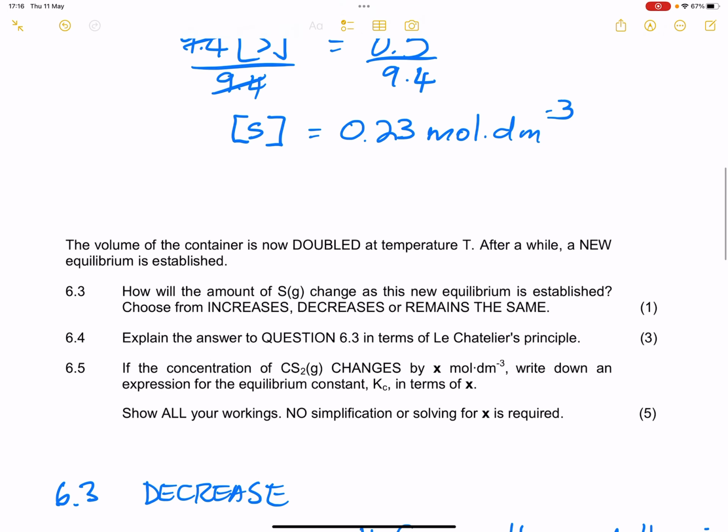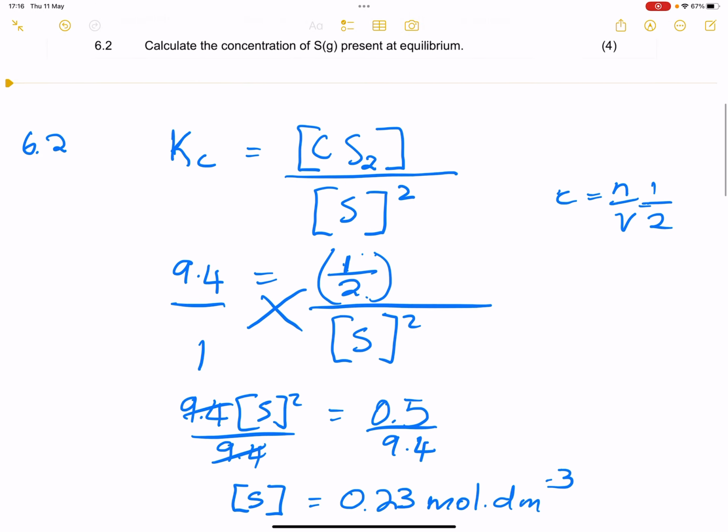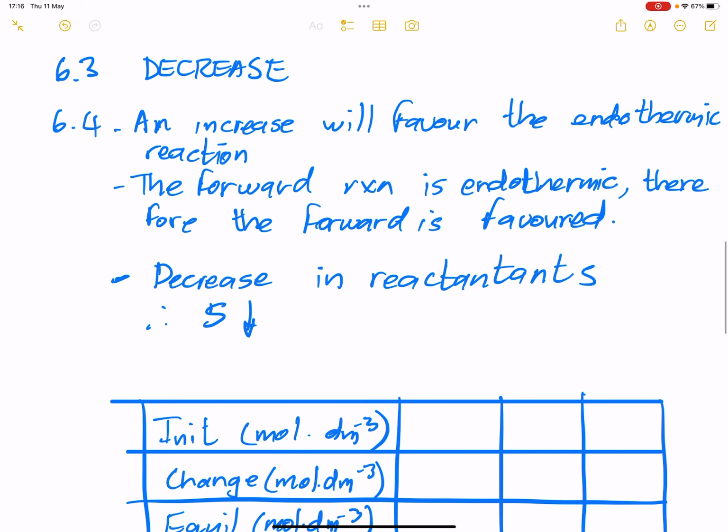Now note, what do we have? We've got carbon, we've got sulfur, and we've got carbon disulfide. Carbon is in solid form. This is S2, which is in gas form. And we've got carbon disulfide, which is also in gaseous form.